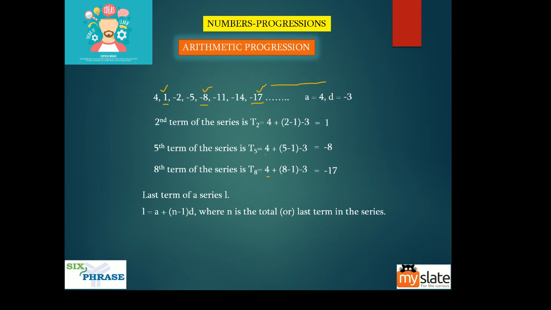Okay, there is one more thing I want you to know. Okay guys, see, this is the formula for the nth term. Sometimes you will be required to find the last term. For that you can use the same formula. The only thing is, when you find the last term, what should be n?